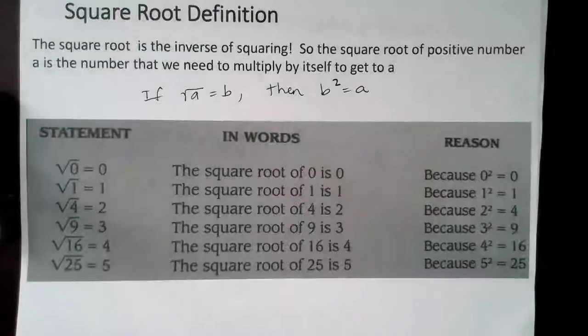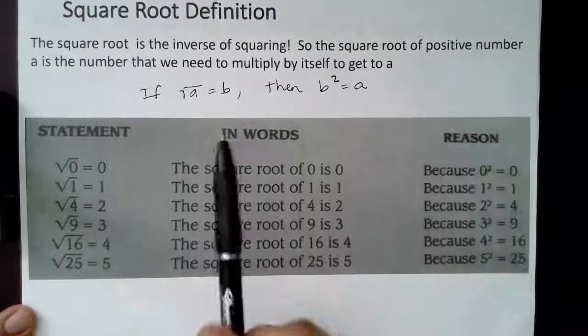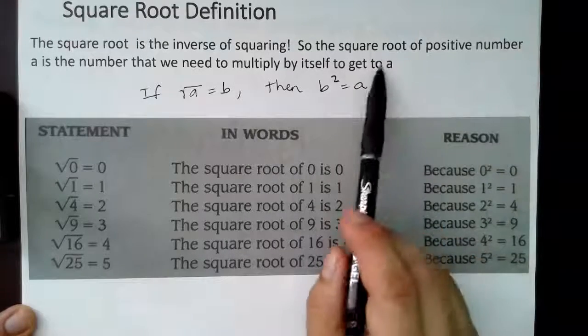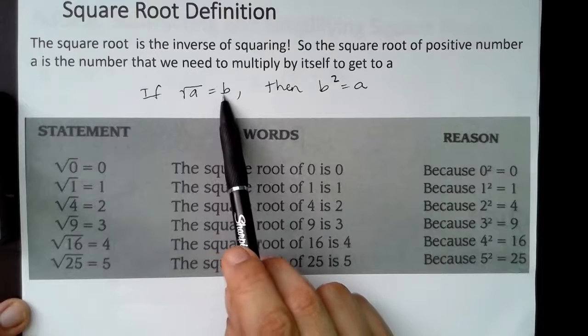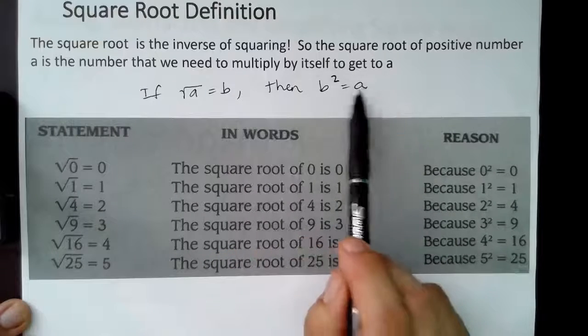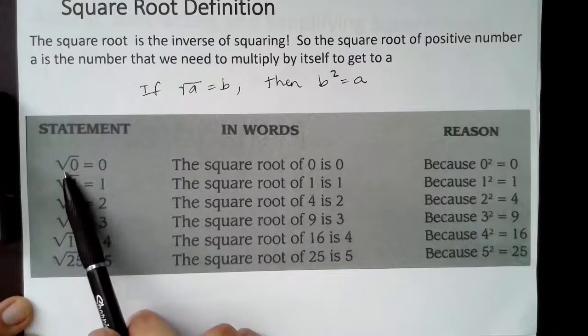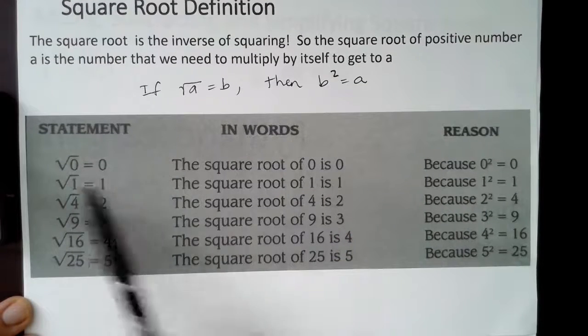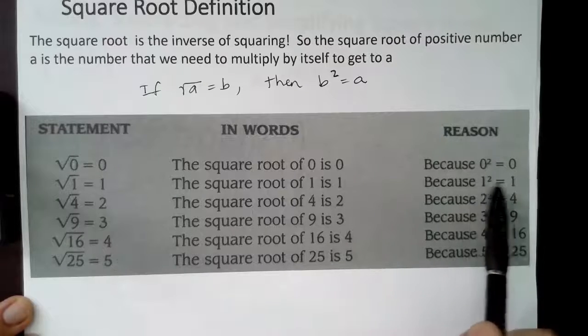So that's kind of how it is here. Another way to put it: if the square root of a is b, then that means b squared is equal to a. Here, square root of 0 is 0, right? 0 squared is equal to 0. Square root of 1 is 1, right? 1 squared is equal to 1.